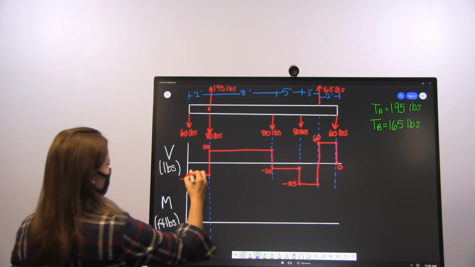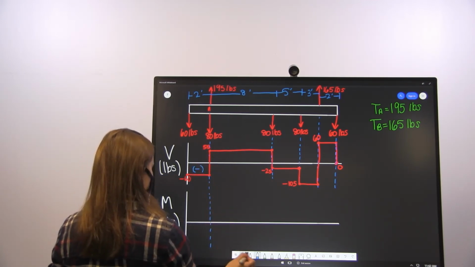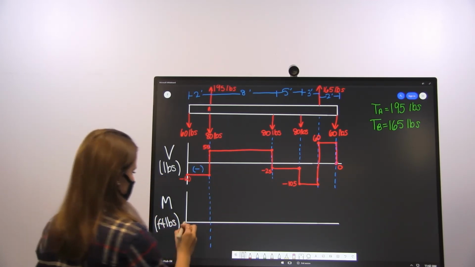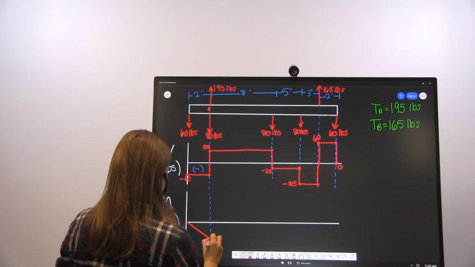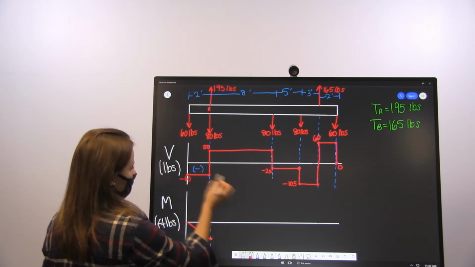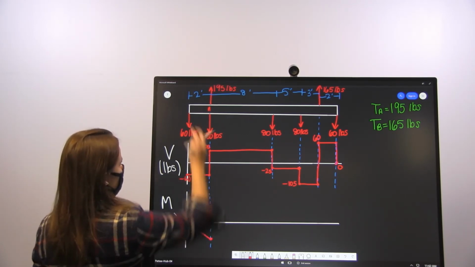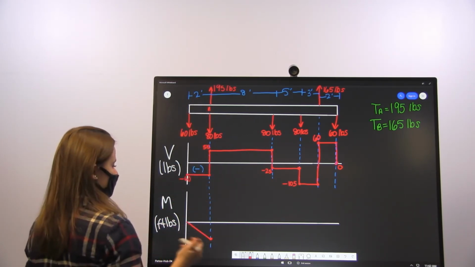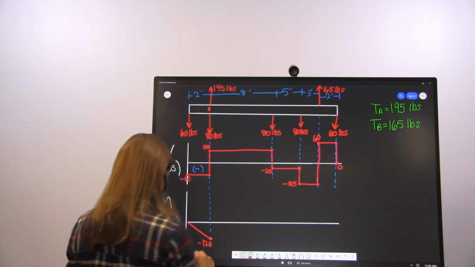This is a negative value here. So that means our slope is going to be downwards. It's going to end up down. And it's linear because it's just going to be a constant slope. It's a constant rate of change. And so our area under the curve is going to be negative 60 times 2. So that's going to be negative 120 there.